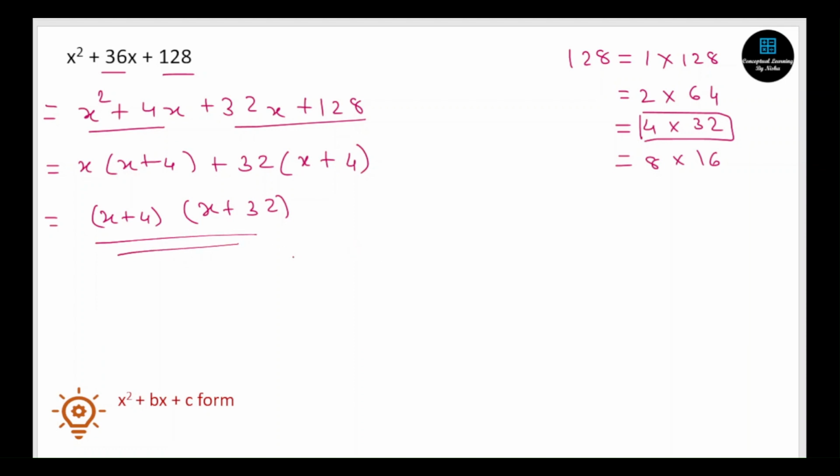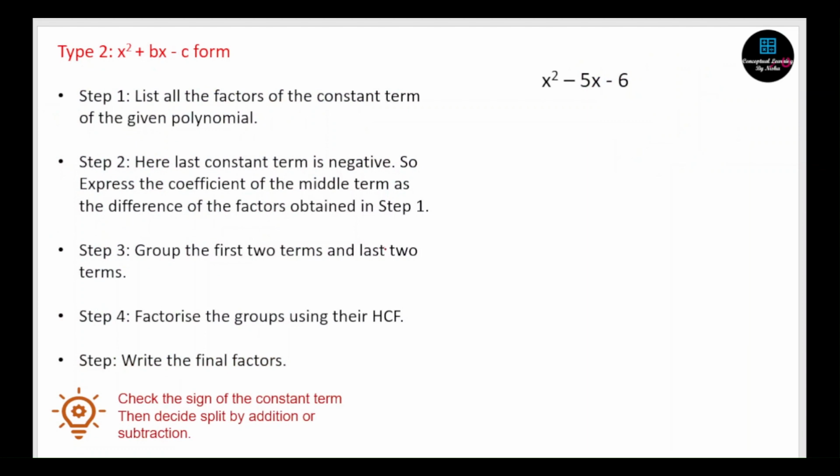Now let's move on to the second type. Here the constant term is negative. This is the polynomial which is given to us. The method will be the same. First step is the same: I have to list down the factors of 6, so 1 times 6 and 2 times 3.